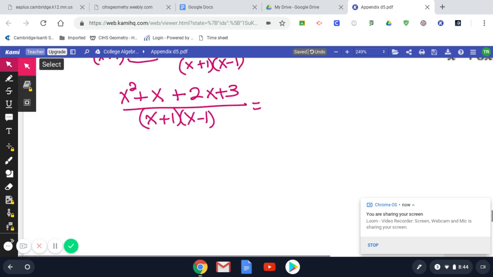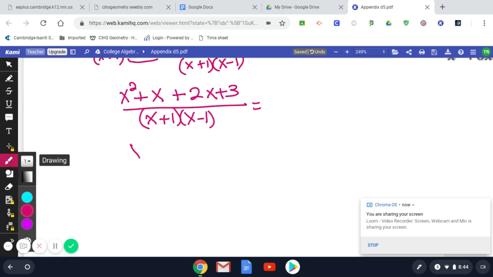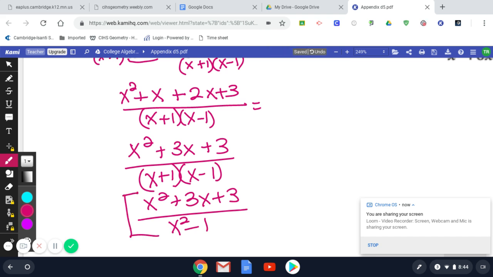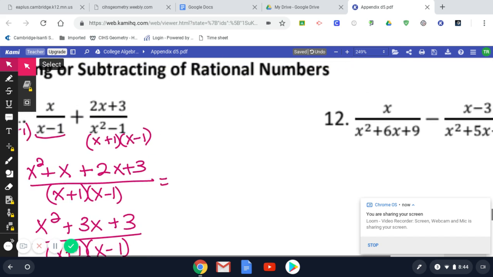Combine like terms, and it leaves me with (x squared plus 3x plus 3) over (x plus 1)(x minus 1), or you could say that's (x squared plus 3x plus 3) over (x squared minus 1). On the numerator, there is nothing to factor, because there's nothing that will multiply together to give you 3 but add together to give you 3, so we're done.